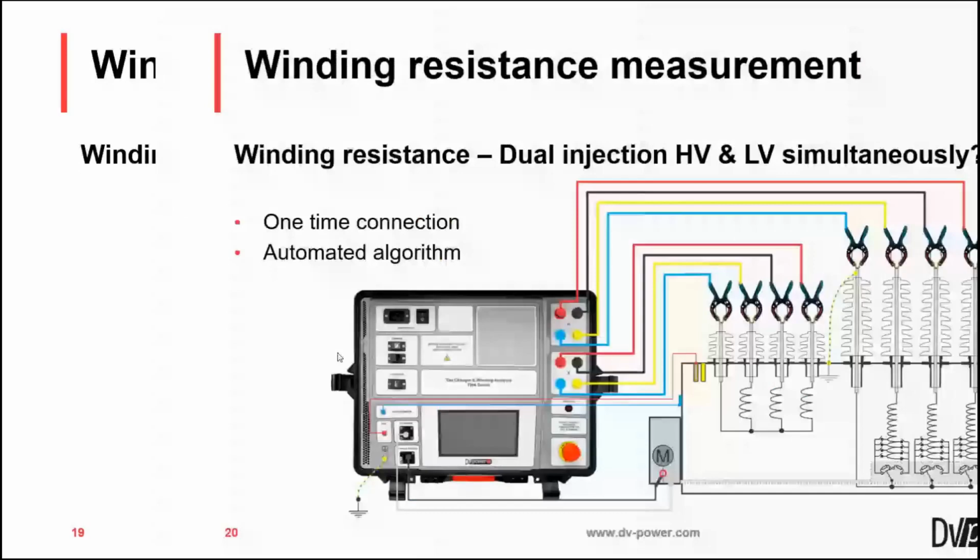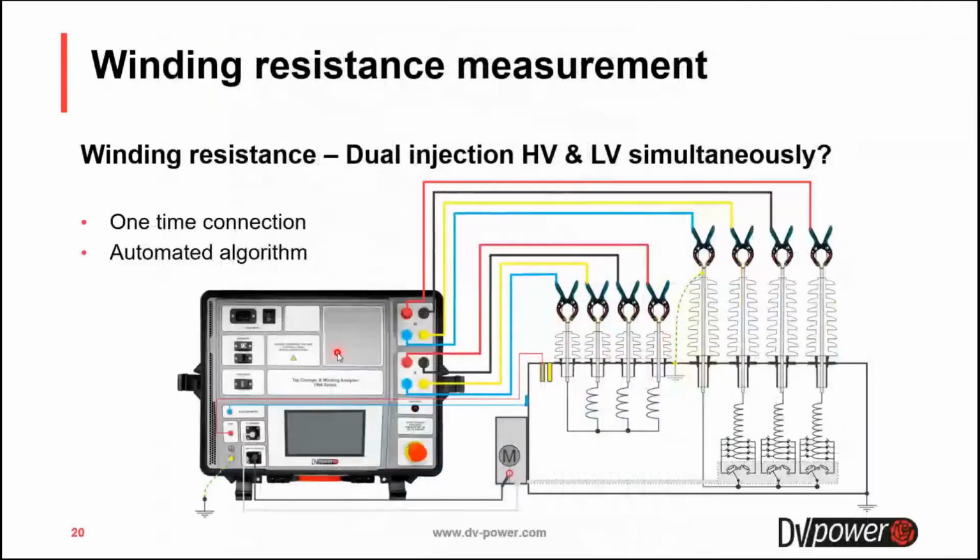In this slide, you can see our new testing equipment. This is a TV400, three-phase instrument. The user only needs to connect the cables to the transformer. After that, he needs to choose appropriate test settings, press start, and leave the device to do all the work.